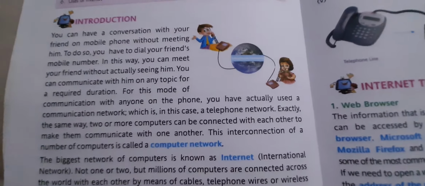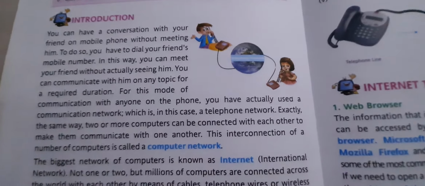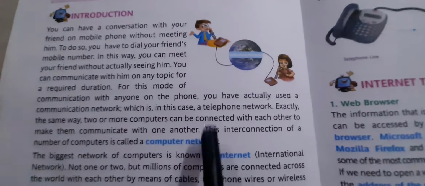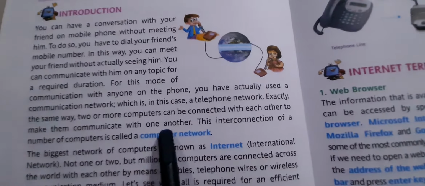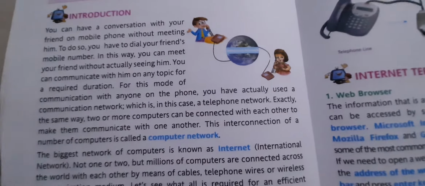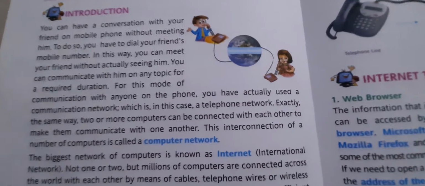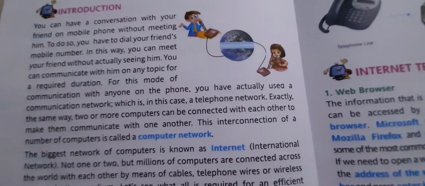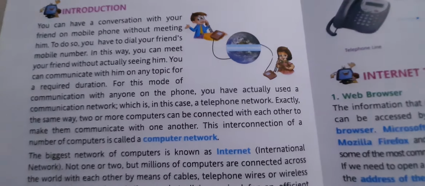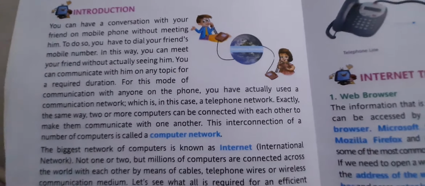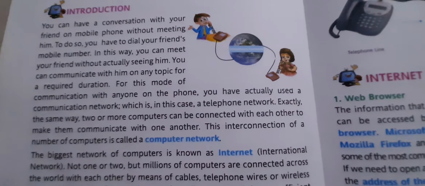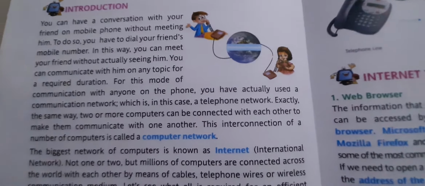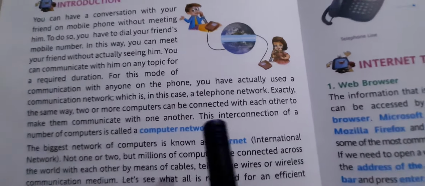So that we can communicate with people, in short. So two or more computers can be connected with each other to make them communicate with one another. Communication means they can share data or information, or if somebody is requiring something, that requirement can be fulfilled. So that is why this communication is taking place.